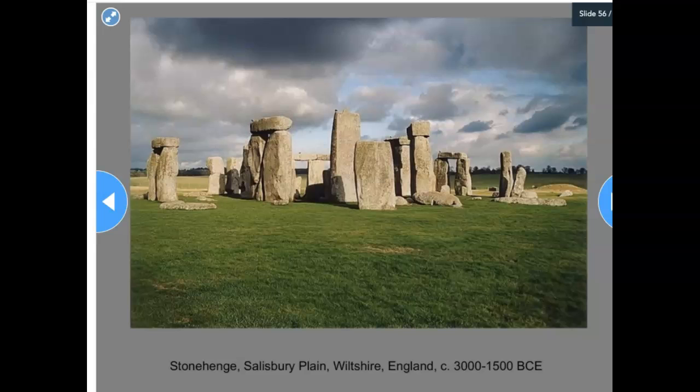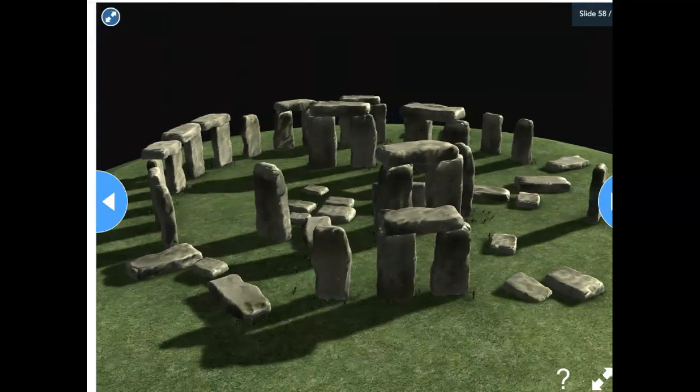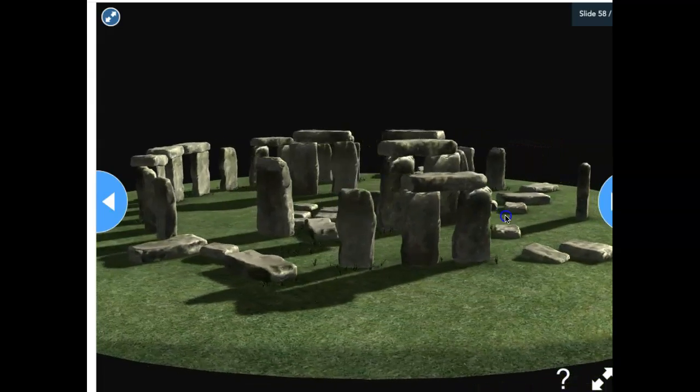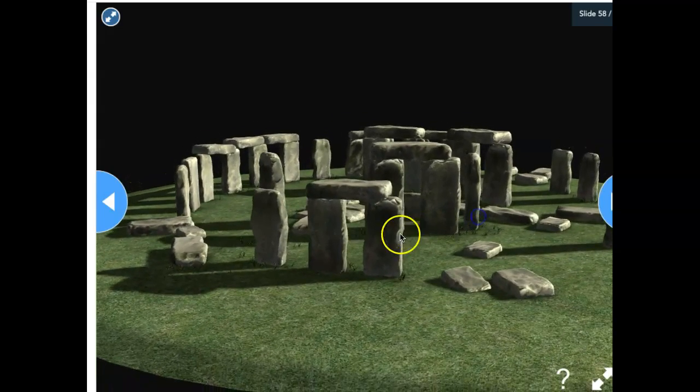But we date it to about 3100 BCE. There were different phases, but it was a major project. Somebody had to really organize moving these stones that came from a distant location. I think I can show you this really cool walkthrough where you can turn it and spin it, and you can see that this is what we call a post and lintel system.